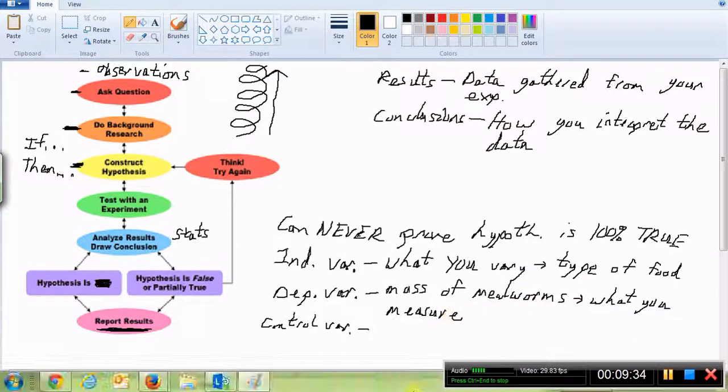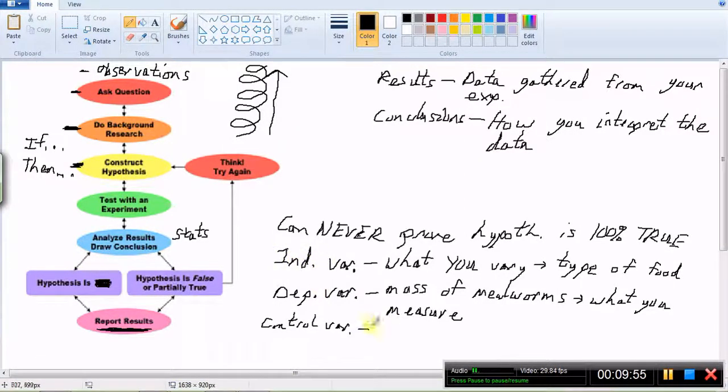So let's say I was changing the type of food and the temperature where the mealworms were living. And let's say some of them happen to gain more mass than others. I wouldn't know if it was the type of food they were eating or the temperature they were at. So you only have one independent variable in every experiment.